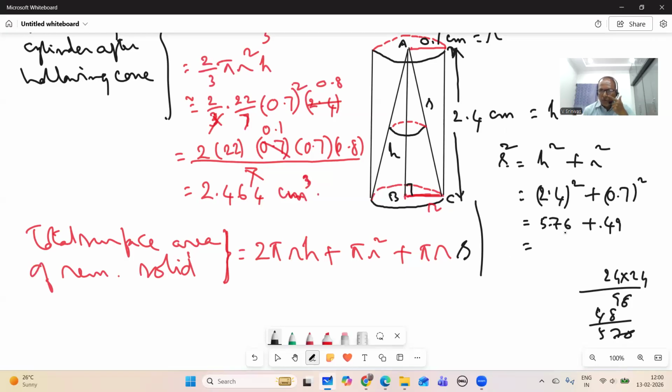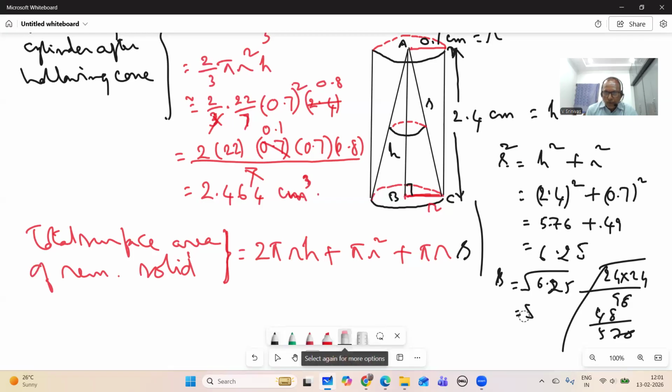So you add these two: 6 and 5 is 11, 1 carried, 8 plus 4 is 12, giving 625 with the point after two places from the right-hand side. It is 6.25. This is s square. From here you can calculate s. s is the square root of 6.25, that is 2.5. The root of 625 is 25, and you have two decimal places in the product.